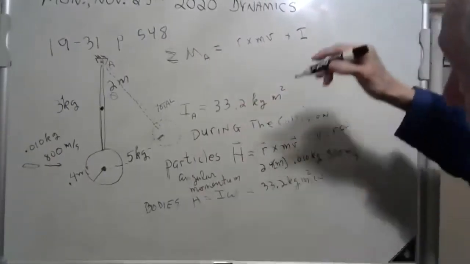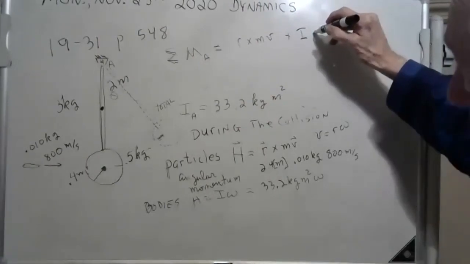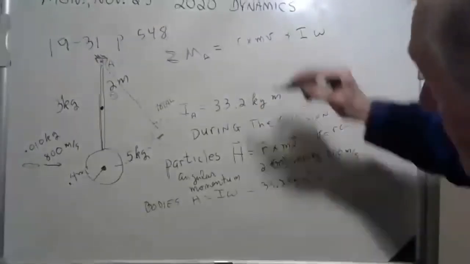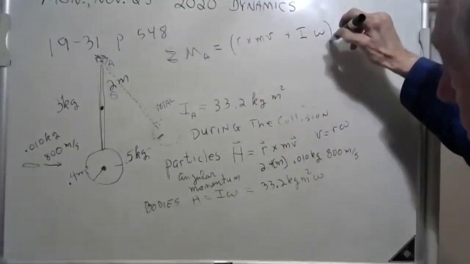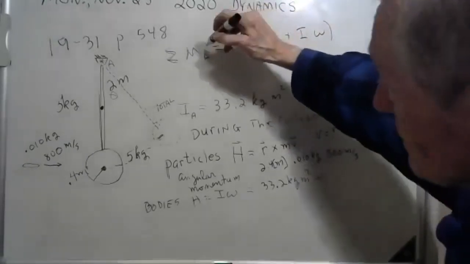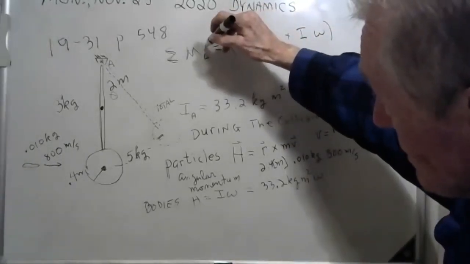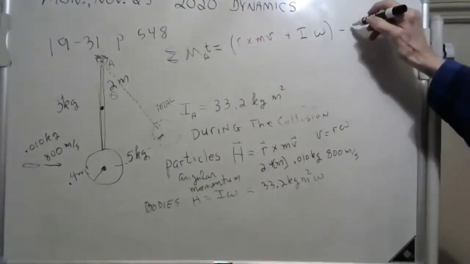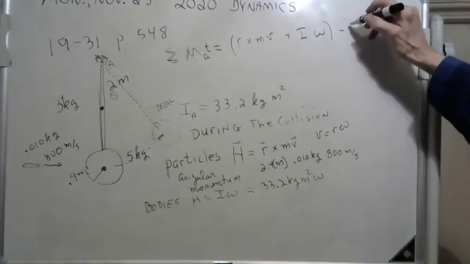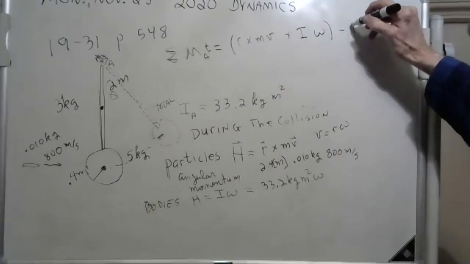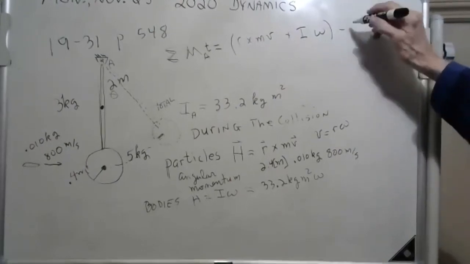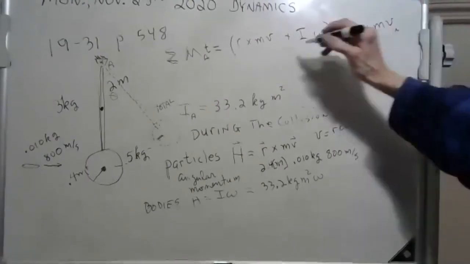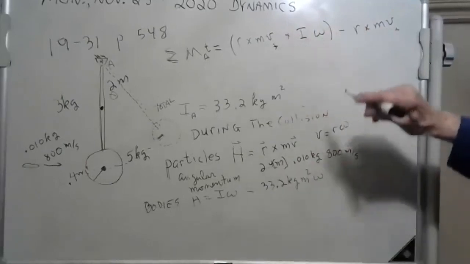See, they're moving, and this is the angular momentum of the disc times, I need the time in here, minus the initial angular momentum of the bullet. This is the initial, this is the final at the end of the collision.